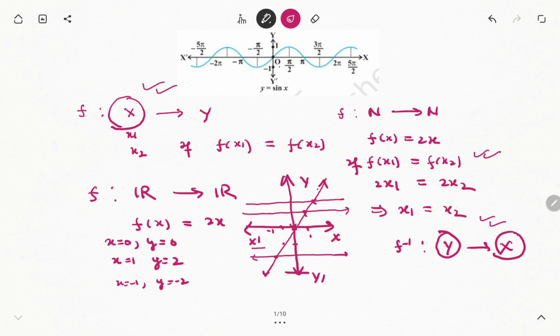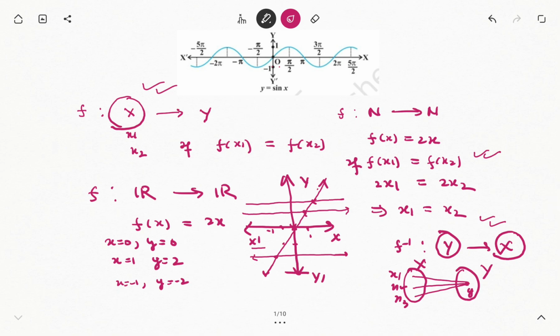If it is not 1, 1, the scene will be like this: many elements are related to one point. Now see, if the situation is like this, we cannot define an inverse function. Why? In that case, this will be a relation. This y is related to x1, x2, x3. This is a function from x to y, but this is not a function from y to x.